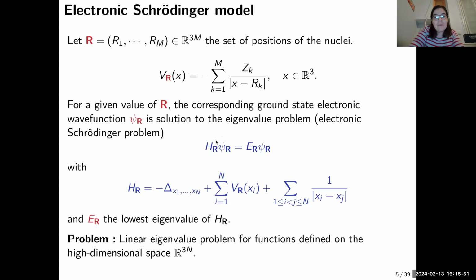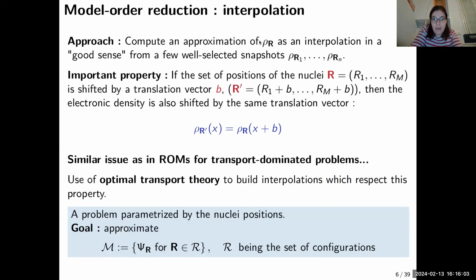So in practice, we will not directly tackle this linear eigenvalue problem, which is well defined on a much too high-dimensional state space. In practice, what chemists do, they rather rely on approximate models, which are approximations of the model I just introduced to you.